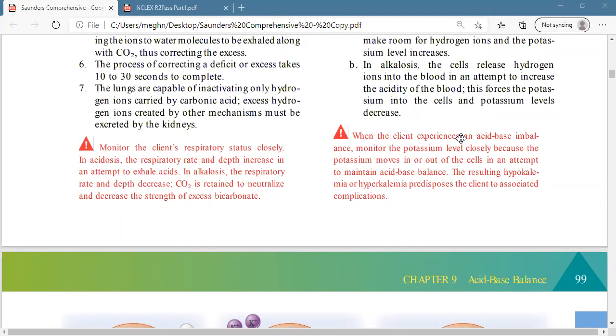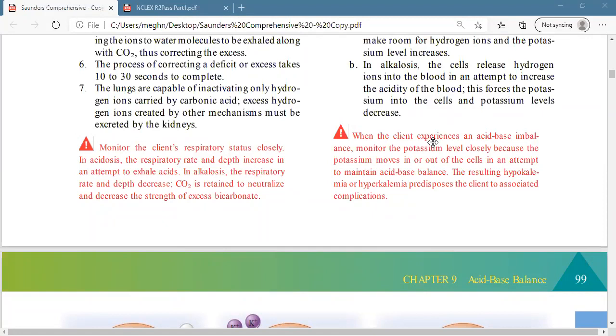So what they said in this book, when the client is experiencing acid-base imbalance, monitor the potassium level closely, because the potassium moving in or out of the cell is the attempt to maintain acid-base balance.